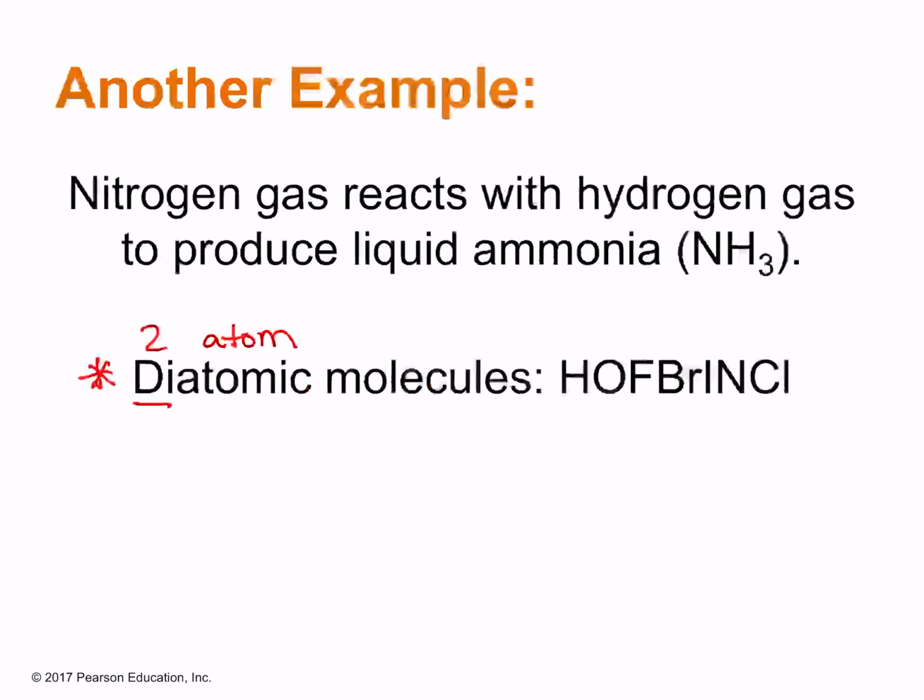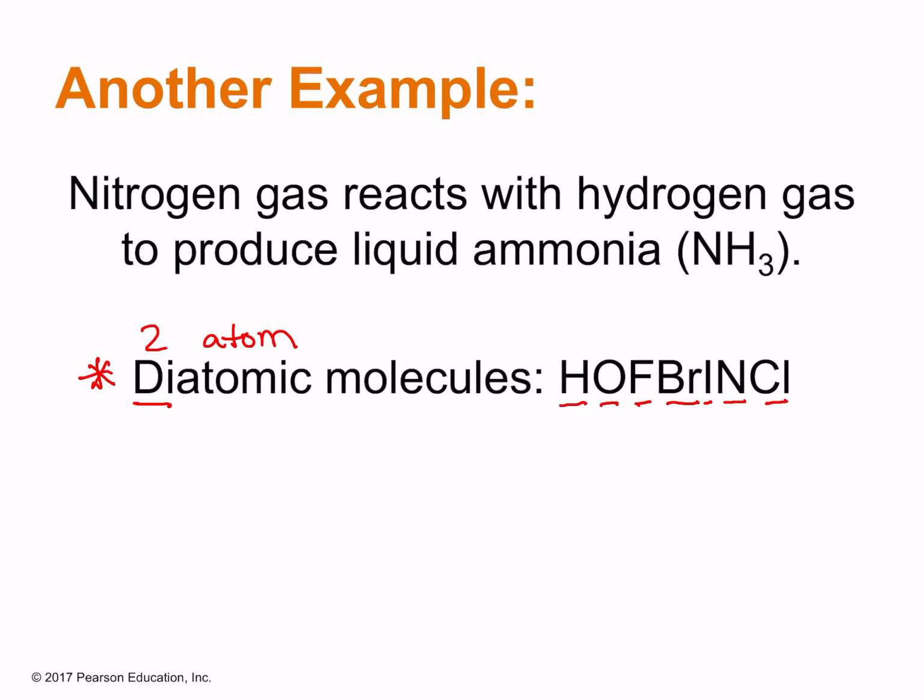And that's true for all of these. This is Hofbrinkel. This stands for hydrogen, oxygen, fluorine, bromine, iodine, nitrogen, and chlorine. So this will be how you remember it, Hofbrinkel. I know it sounds a little silly. You could also say Brinkelhof if you wanted to. But this will be how you remember the diatomic elements.